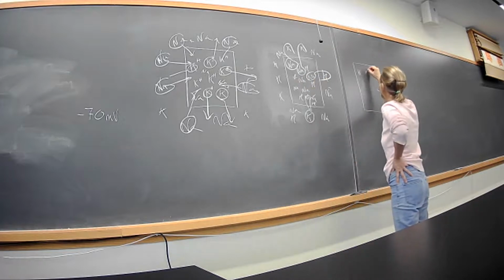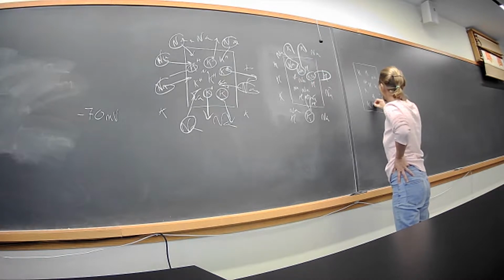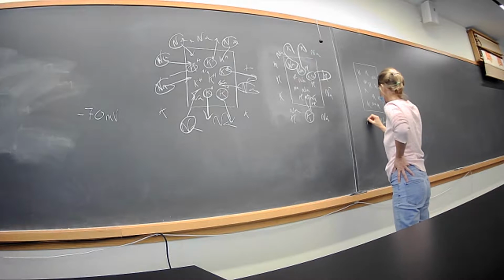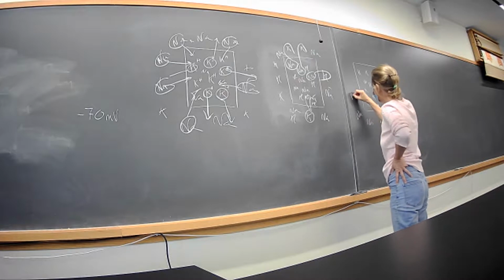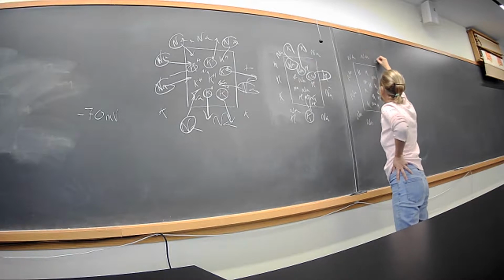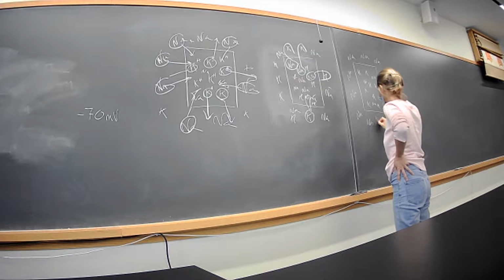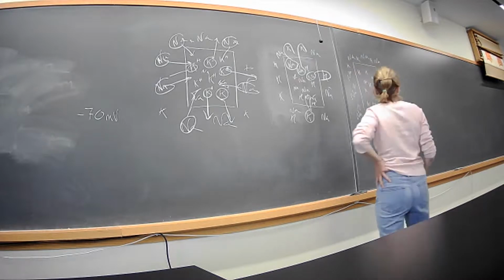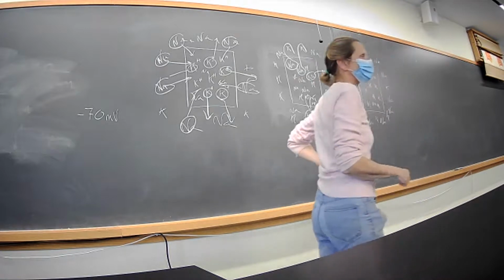So you have more potassium inside the cell than outside the cell, and it reestablishes the sodium concentration, so you have more sodium outside the cell again than inside the cell. So far, so good.